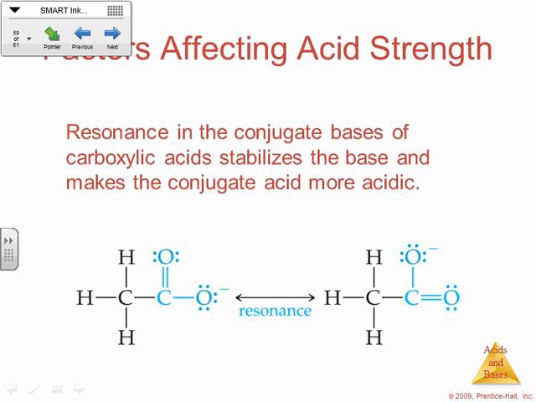Sometimes resonance, well, and this is more stability, okay? So they talk about this in the book as well. If the conjugate base ends up being fairly stable, then that can make it more likely that a hydrogen would leave, okay?